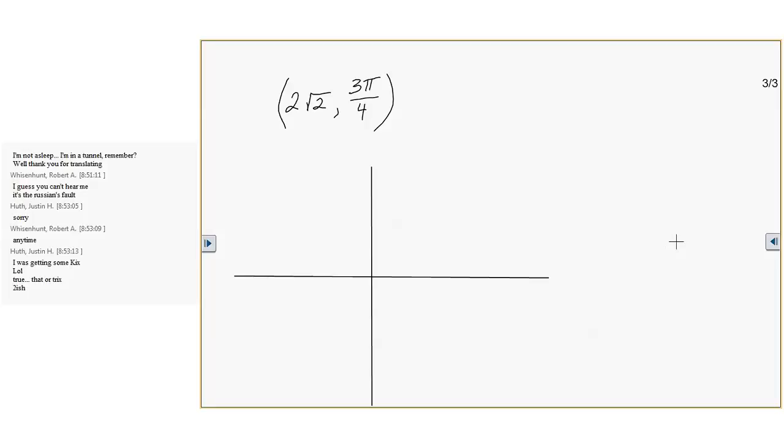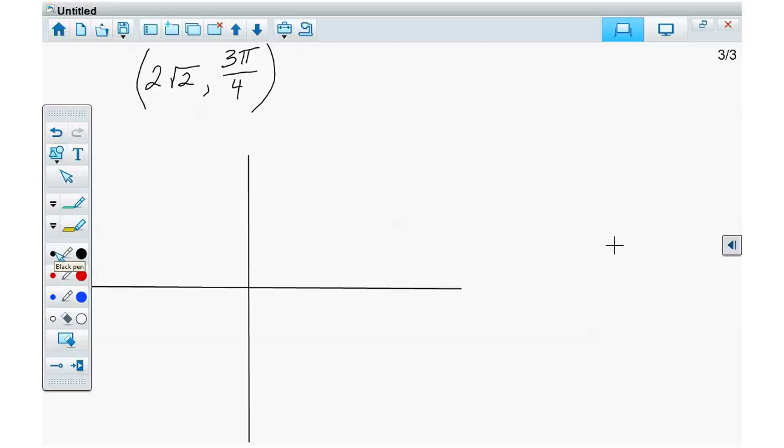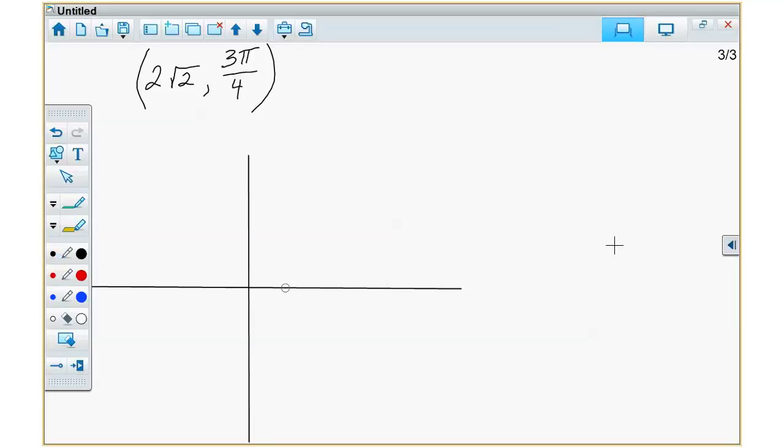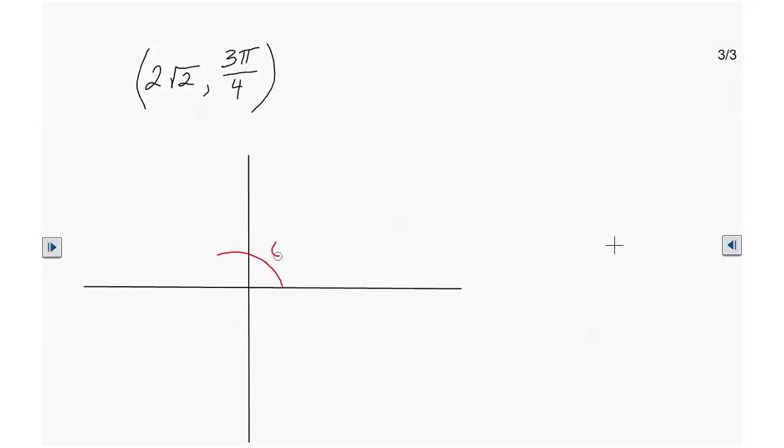Let's see, pi's cancel, 4 will go into 180 how many times? 45. 45 times 3 is what? 135. Somebody help me out. 135 is going to be, I'm going to do it in red, somewhere in there. So theta is equal to 135.